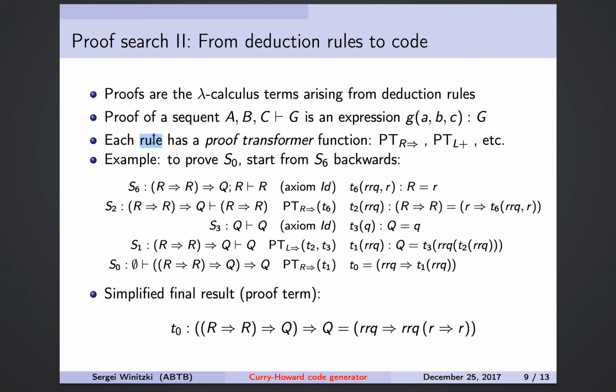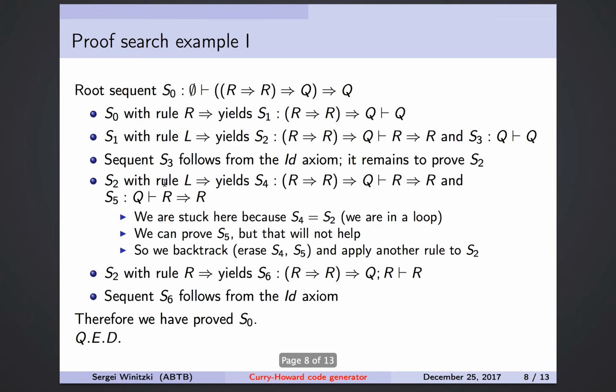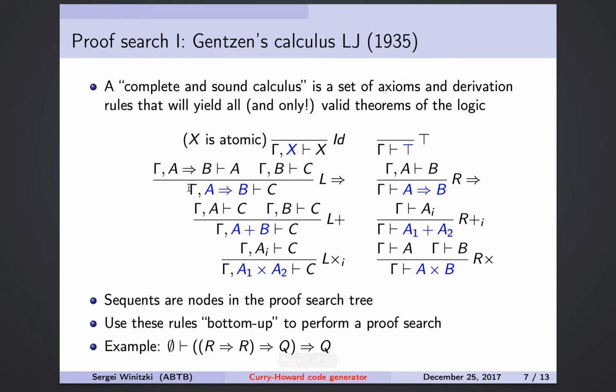Now, each rule has a proof transformer function. Recall that each rule says, if you want to prove this, you have to prove first this, and also you have to prove this. Now, proofs are expressions, and so each rule also comes with a proof transformer function that says, what is the expression that proves this, given that we have an expression that proves this and another expression that proves this.